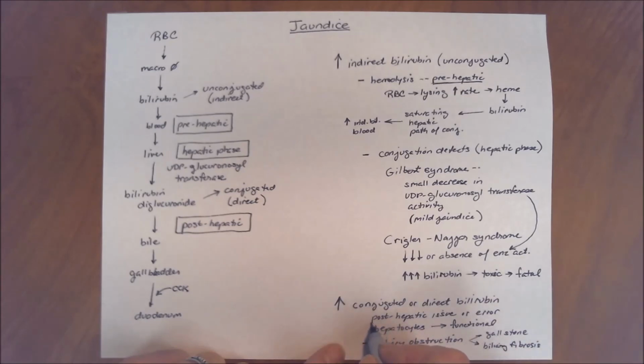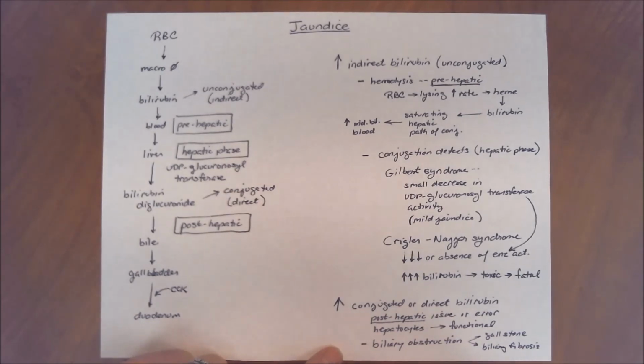The key here is that elevated direct bilirubin, elevated conjugated bilirubin, is a post-hepatic event because the liver is fine. The liver is functioning normally.